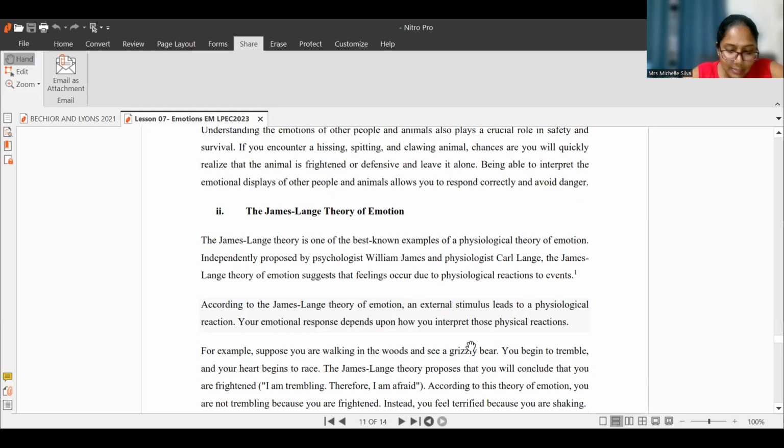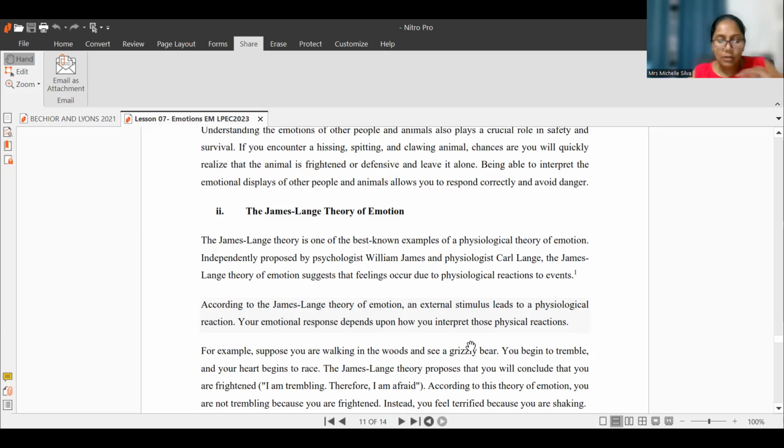According to his theory, there should be an incident first. Then the incident leads us to physical changes, like sometimes shivering. Then we try to interpret our emotion, like we have already feared. Okay, we experience fear, so I'm shivering. Then finally we interpret it as fear.